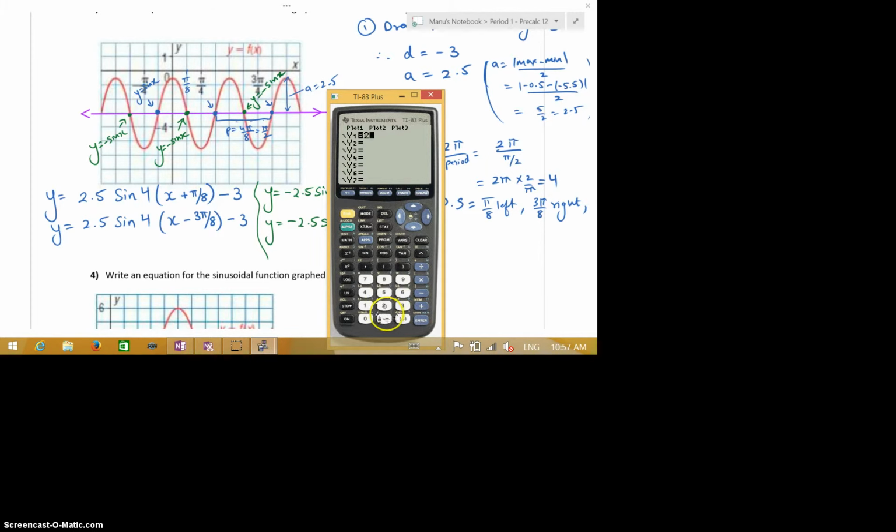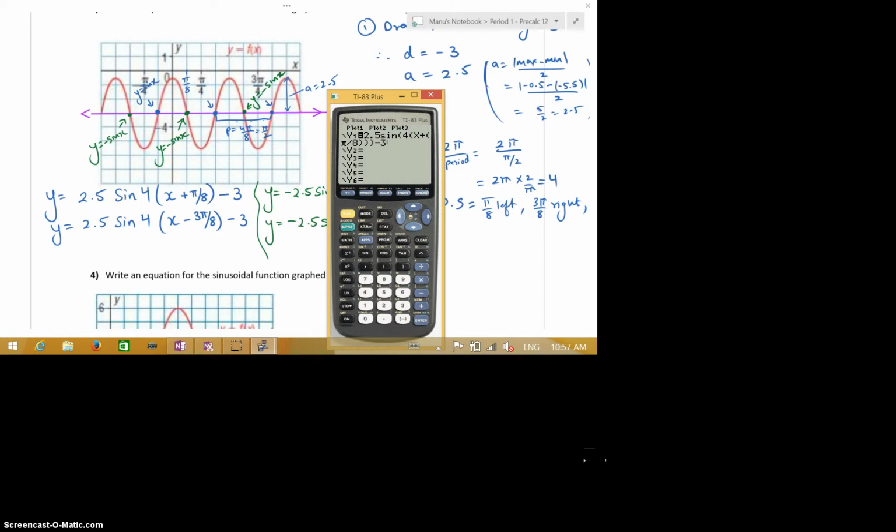Y equals 2.5 sine, in brackets, 4, another set of brackets, x plus pi over 8, which is a fraction, so another set of brackets, pi divided by 8, close the brackets. Because I opened up 3 brackets, I have to close 3 brackets. And then minus 3.